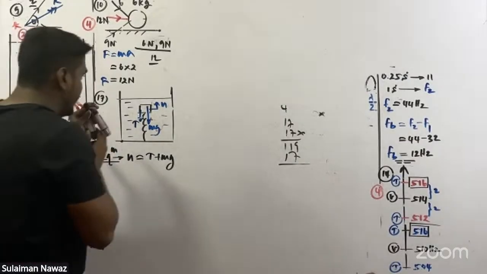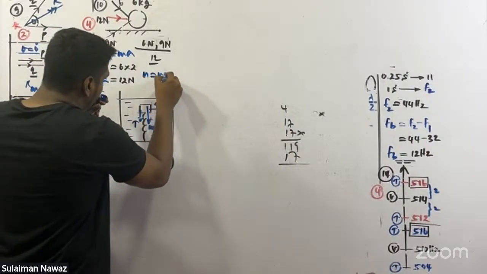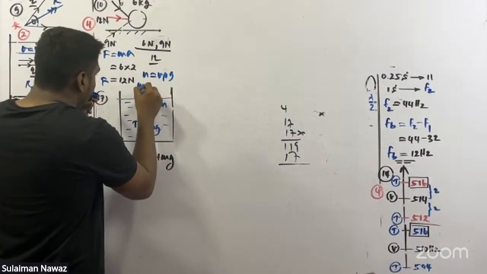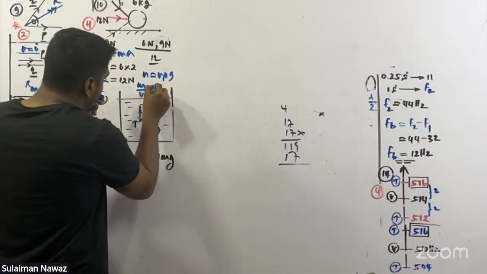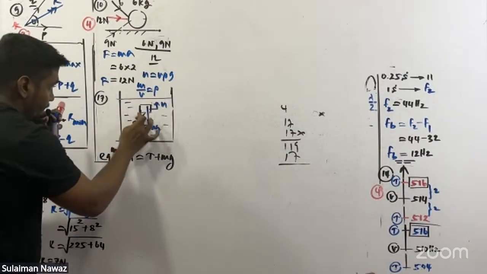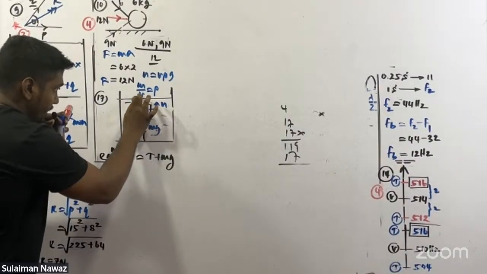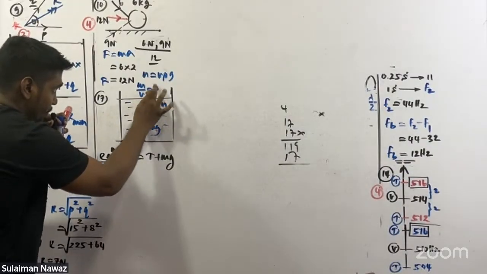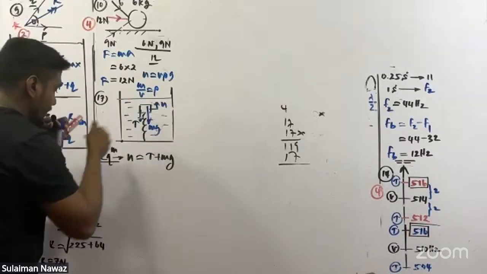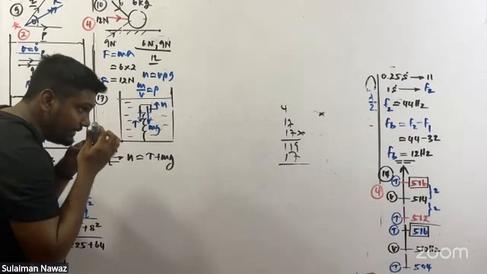Upthrust, we learned, U equals V rho g, where V is the submerged volume, rho is the density of water, and g is the gravitational acceleration. We all know mass over volume equals density, so volume means mass over density. The submerged volume of the wooden cube will be mass over density.